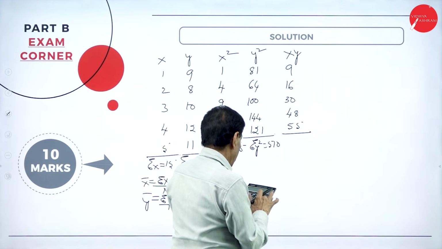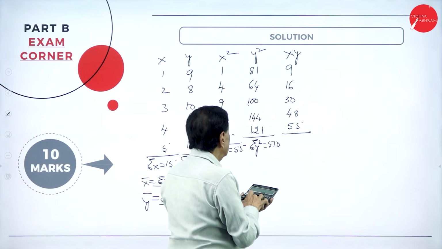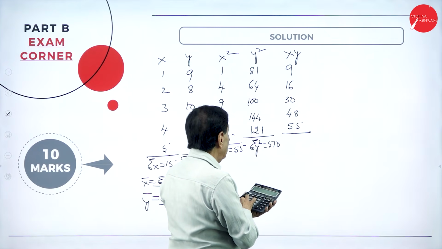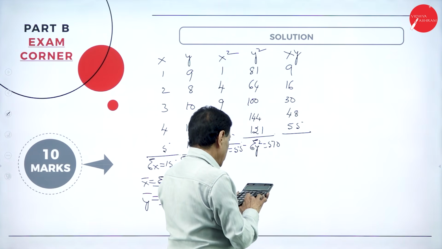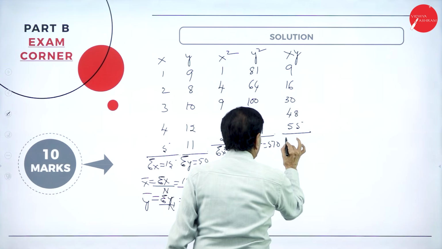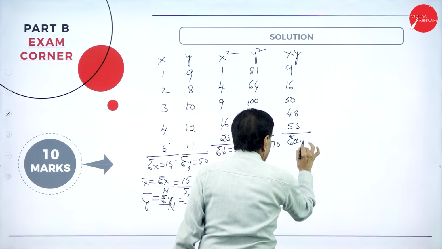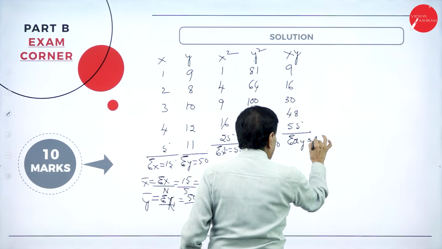Add the figures: 9 plus 16 plus 30 plus 48 plus 55 is 158. Sigma xy is 158.